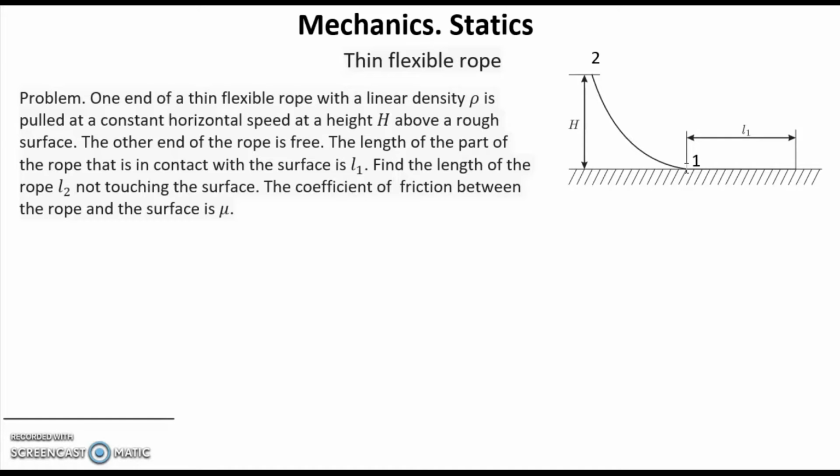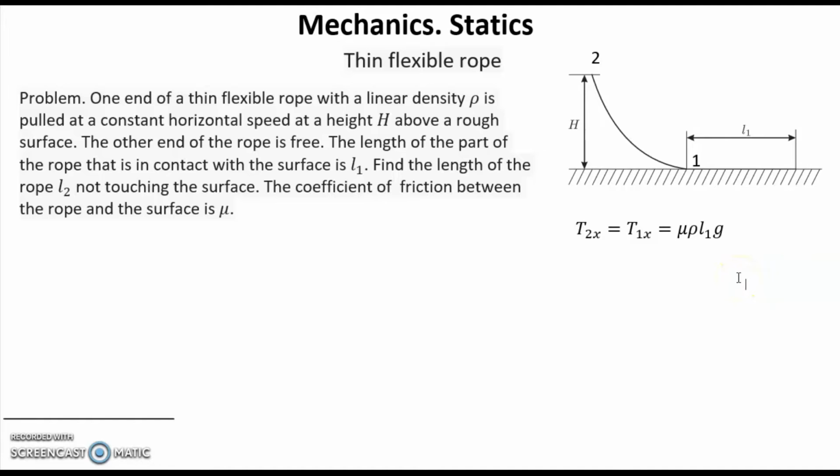This tension exactly equal to force of friction acting on this part of the rope L1. So we have this equation, T1x equal μ ρ L1 g.